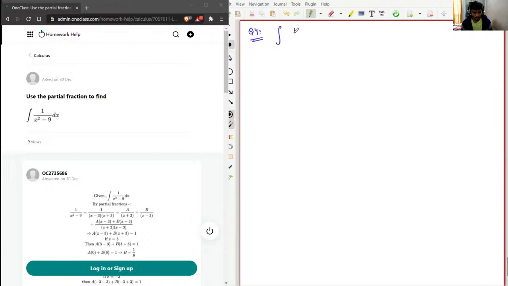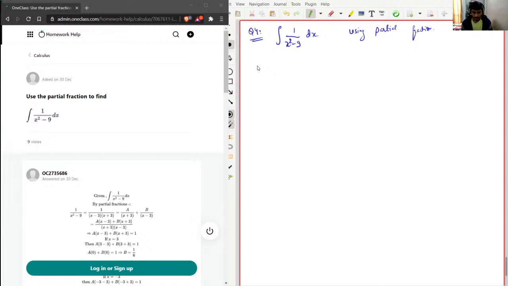So integral of 1 over x square minus 9 dx using partial fraction.